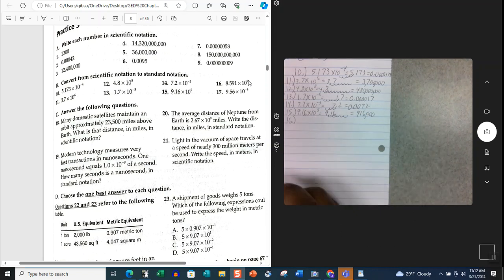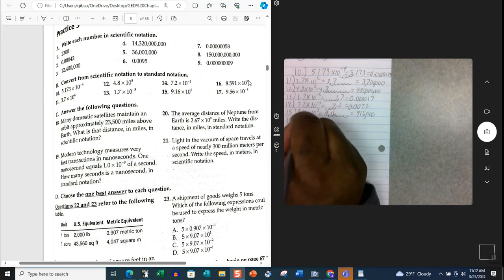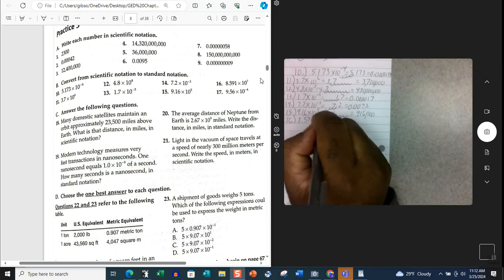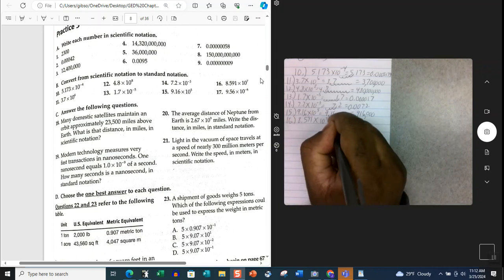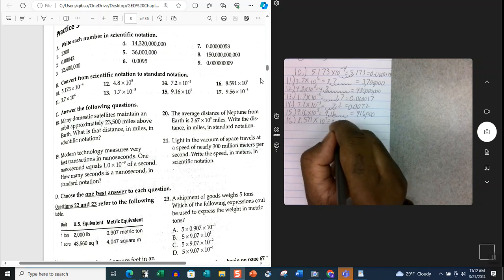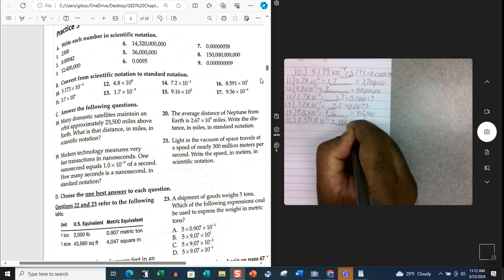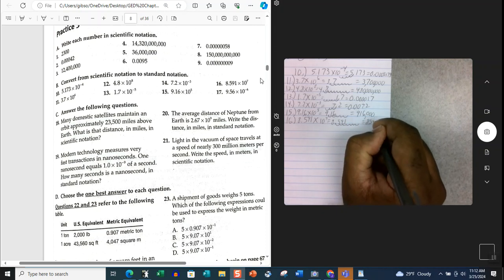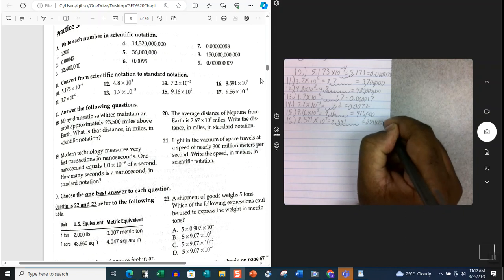So problem 16. We had 8.591 times 10 to the 7th power. So 8.591 times 10 to the 7th power, we'll move this decimal 7 places. 1, 2, 3, 4, 5, 6, 7. So it'd be 8591 and then 4 zeros.